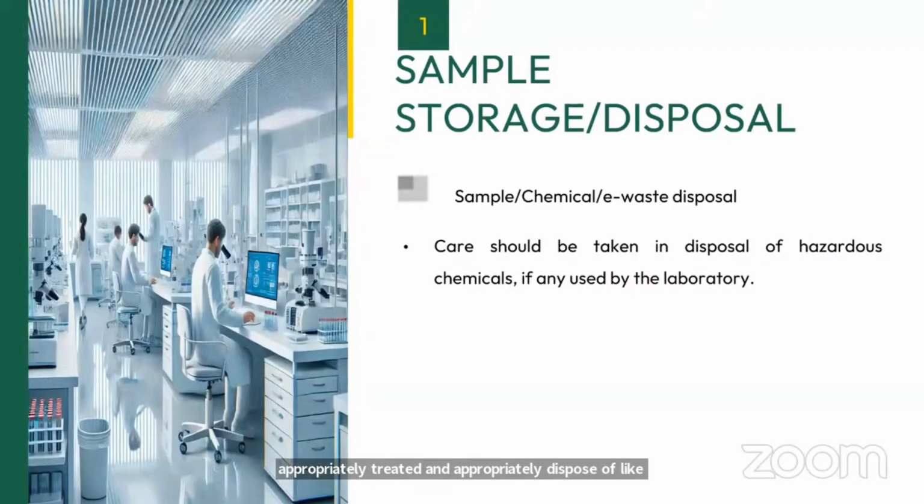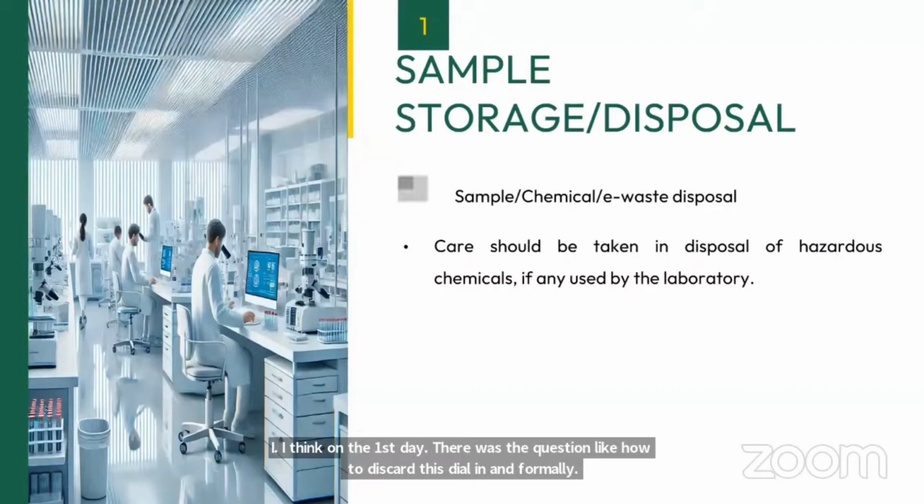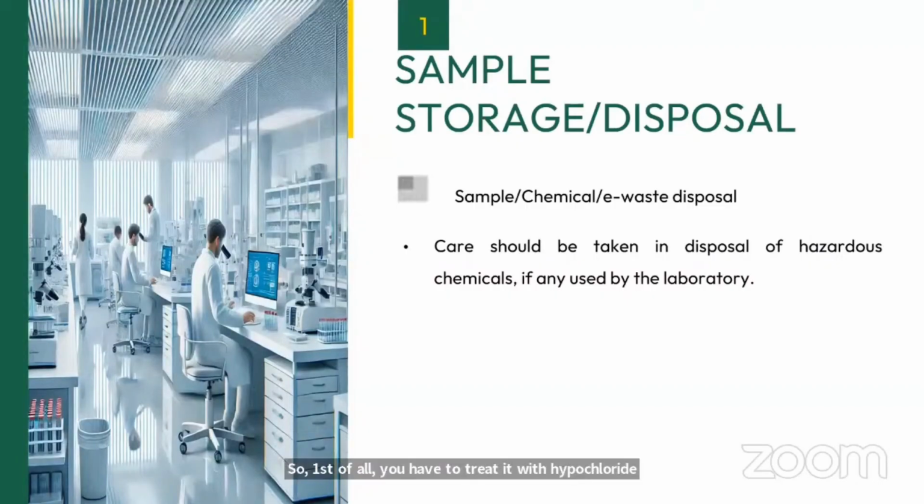So first of all, you have to treat it with hypochlorite. Then it should be going to the appropriate STP plant, ETP plant, and then maybe it can be discarded in the public waste. And you should have approvals for all those facilities of STPs and hypochlorite addition facilities and appropriate biomedical waste discarding and storage activities.